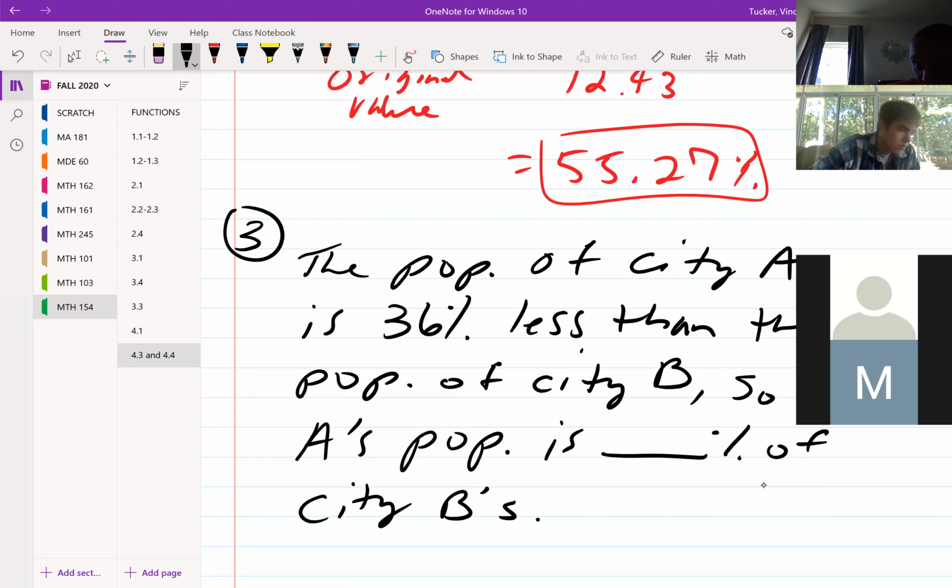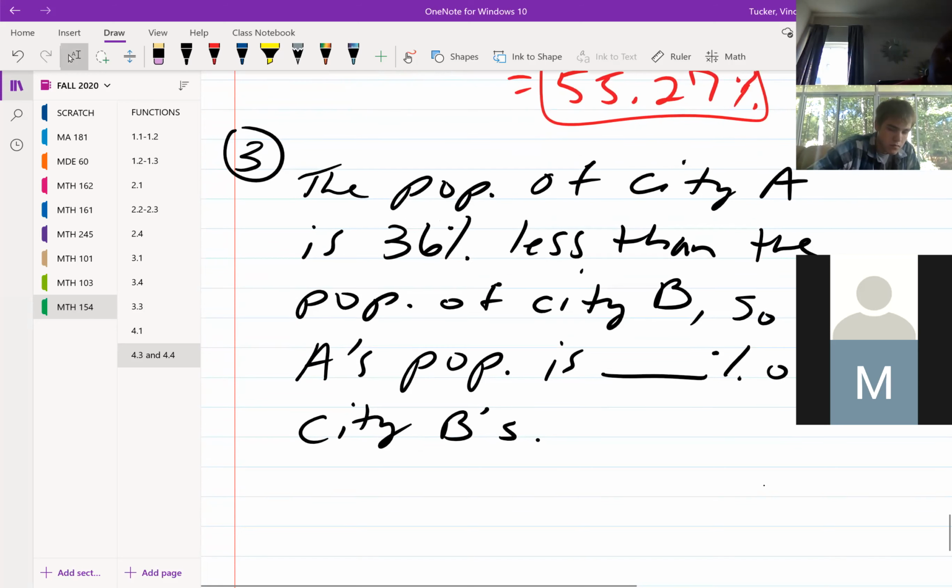All right, so the population of city A is 36% less than the population of city B. So city A's population is blank percent of city B's.